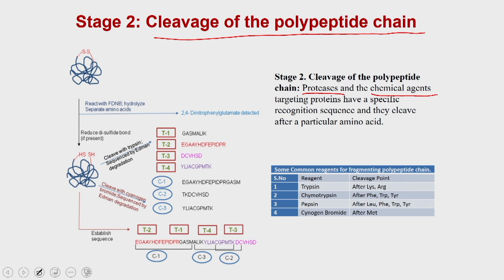These are some classical proteases which people normally use for generating fragments, such as trypsin, chymotrypsin, pepsin, or chemical agents such as cyanogen bromide. All these molecules have specific cleavage reactions. For example, if you take trypsin, it is always going to cleave just after the lysine.